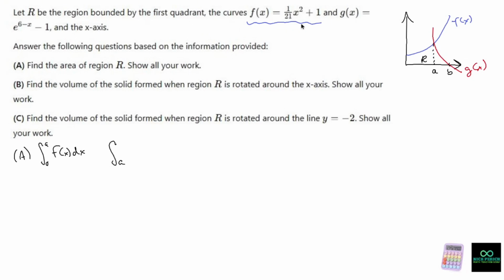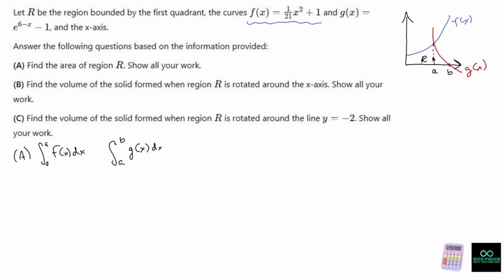Everything is being held in the first quadrant, which means the moment it crosses the x-axis is when I'm done. B is going to be found by finding the 0 of g of x. So once I find A, which will be found by intersections, and once I find B, that gets me this chunk right here when I integrate it.